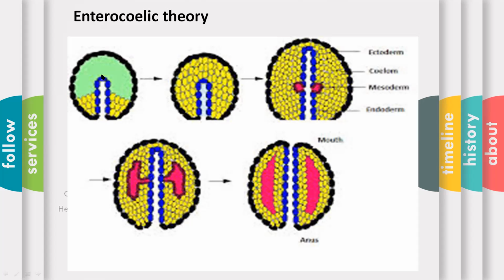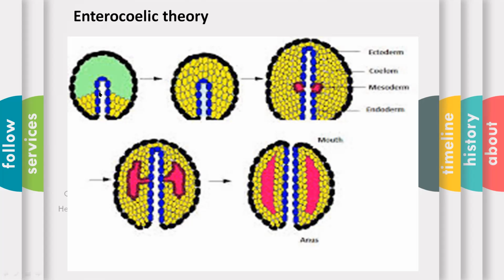Enterocoelic: the archenteron will form the gut. So the Enterocoelic hypothesis says coelom arises by out-pocketing of the archenteron. These pouches are called the enteric pouches, formed by out-pushing of the archenteron.